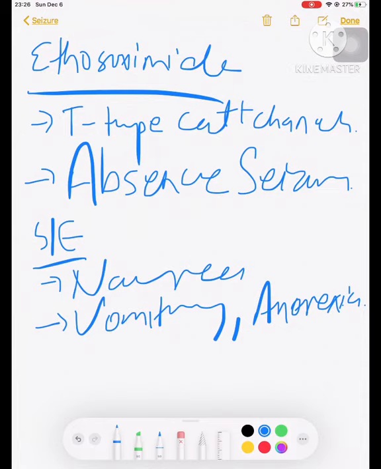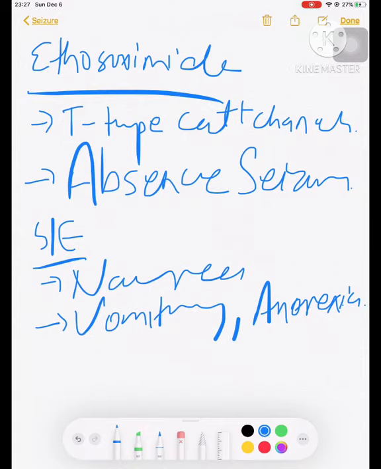Lastly, we'll discuss the newer anticonvulsants. Lamotrigine blocks the sodium channels and glutamate receptors. It can be used in various types of seizures, and the important, though not common, side effect is Stevens-Johnson syndrome. One of the new anti-epileptics being very commonly used nowadays is levetiracetam.